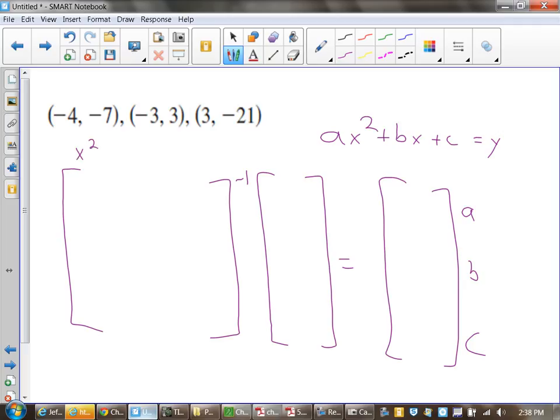X squared. What goes in the second column? And what in the third? So you have 16, 9, 9, negative 4, negative 3, 3, 1, 1, 1, negative 7, 3, 21, and that'll spit out your answer. I don't know why you would do that by hand.